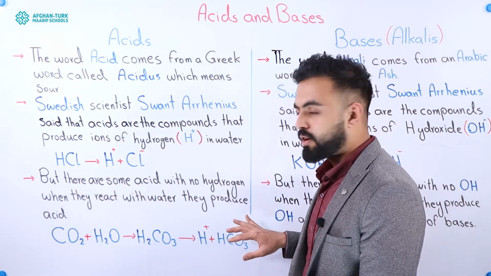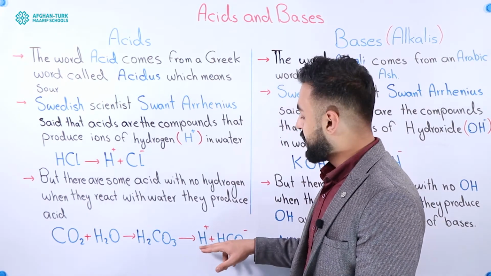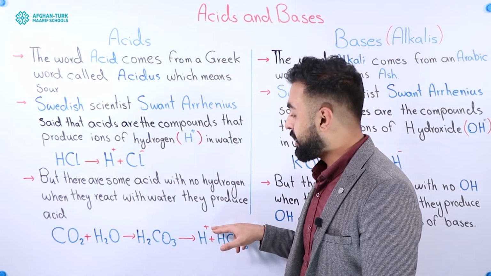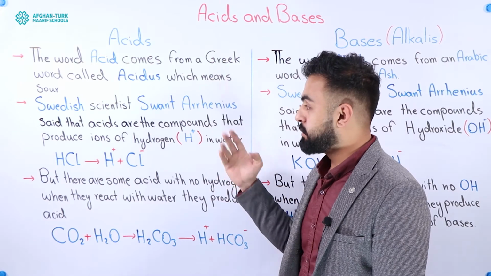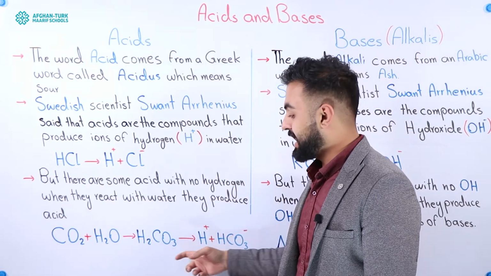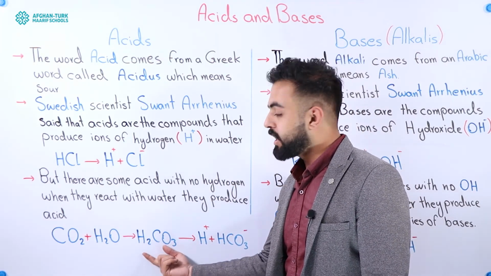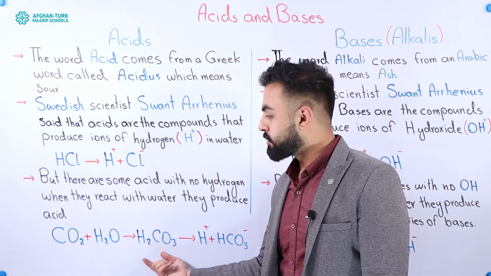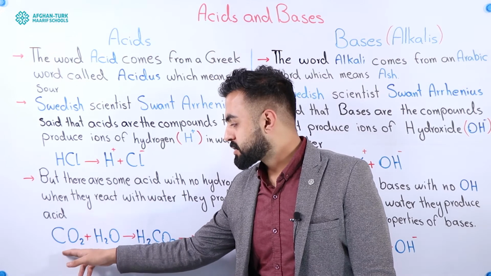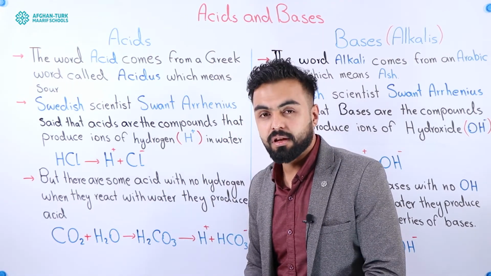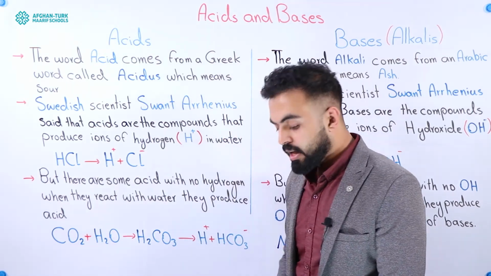We don't care about the negative one, but it produced the ions of hydrogen. So again, according to the definition of Mr. Arrhenius, this is an acid. And where did we get this one from? We get this one from carbon dioxide. So this one also has the properties of acid.